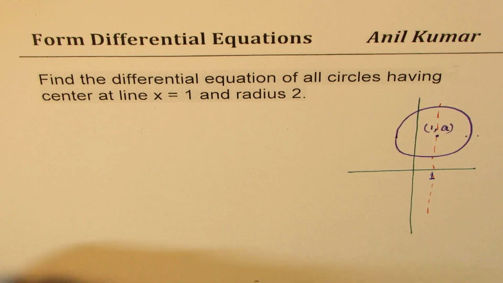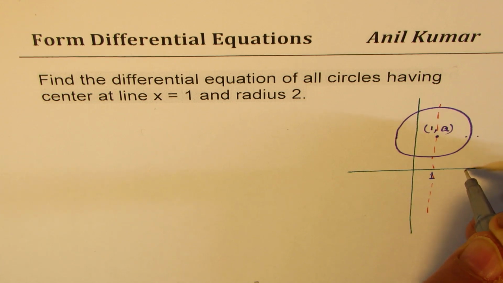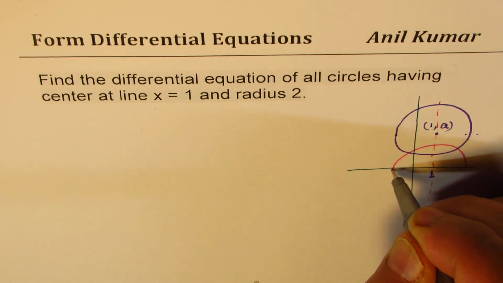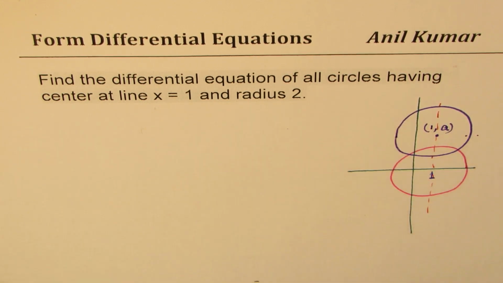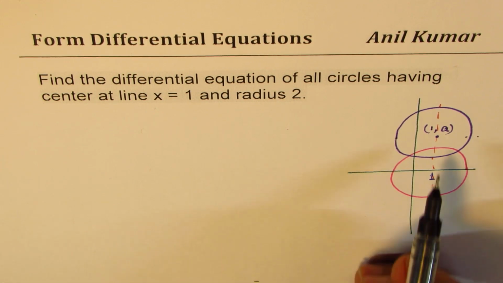Right? So all the circles with center on this line x equals 1 meet the criteria. So basically you can see something like this, right? Well, you get an idea. Those are the circles which we want to represent with the help of a differential equation.